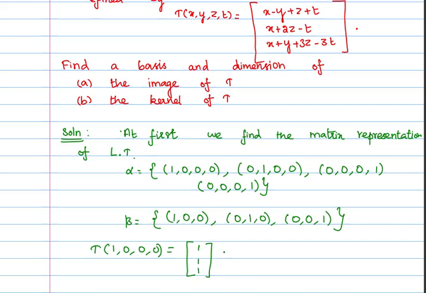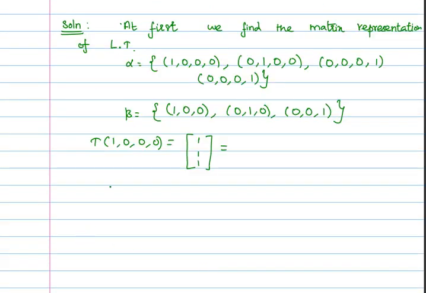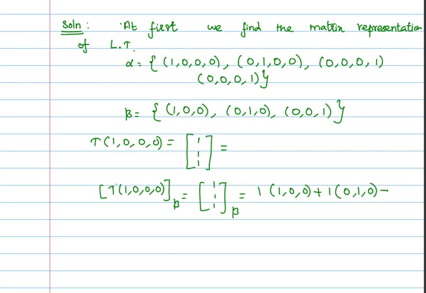I want the coordinate vector of T(1, 0, 0, 0). That means (1, 1, 1) relative to beta is 1 times (1, 0, 0) plus 1 times (0, 1, 0) plus 1 times (0, 0, 1).